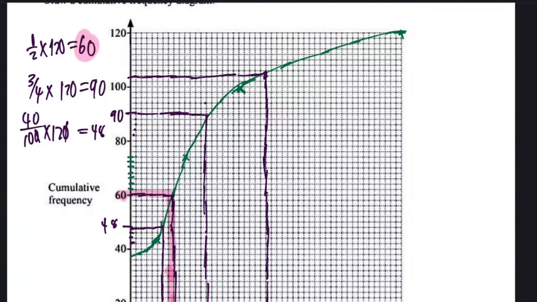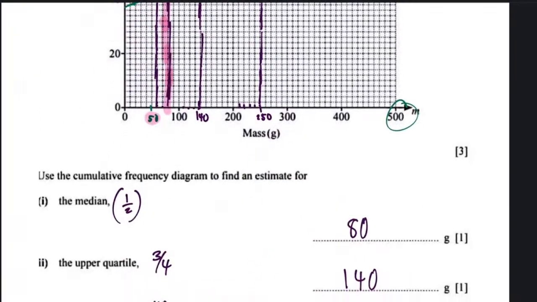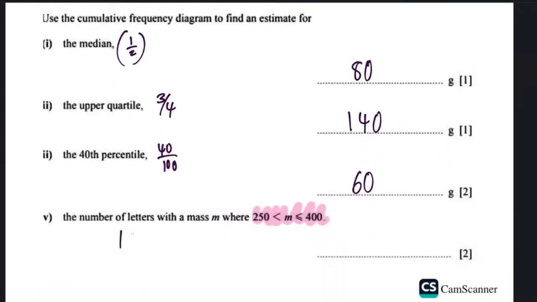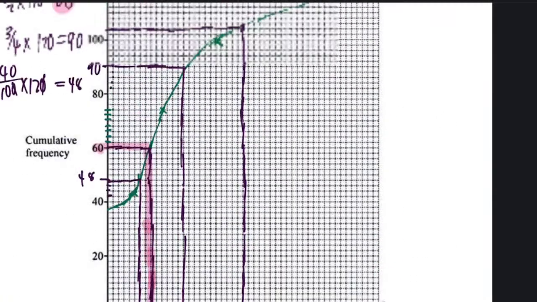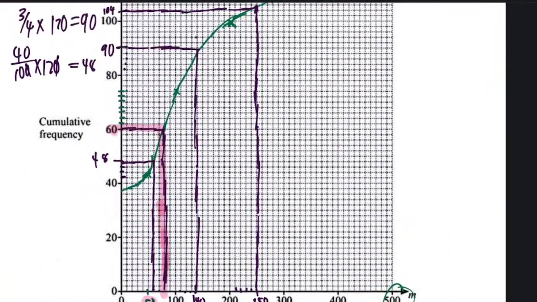There we have it. And now, this would be 102, 104. So this is 104. So it's going to be 104 at 250. Then 400, we see how many.